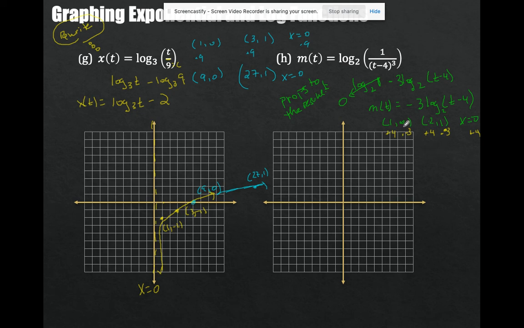So what do I end up with? One plus 4 is 5. (5, 0). Right? Because 0 times 3. But what's this point? This new point is 2 plus 4, 1 times -3. And how about my vertical asymptote?